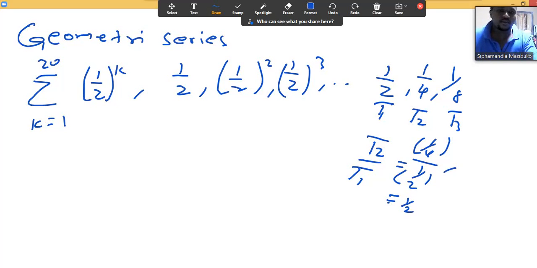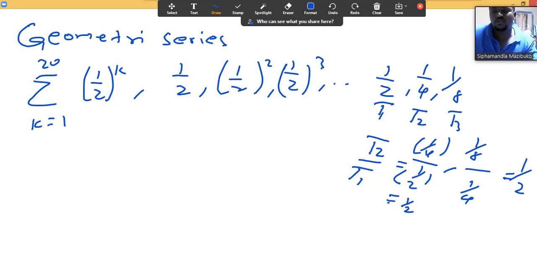Same thing, 1 over 8 divided by 1 over 4 is also 1 over 2. So now what we have is not a common difference, but a common ratio.